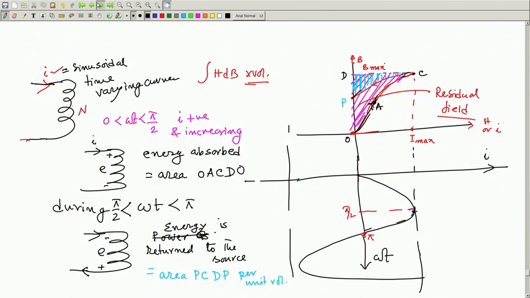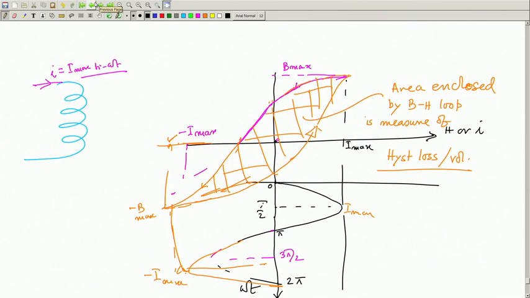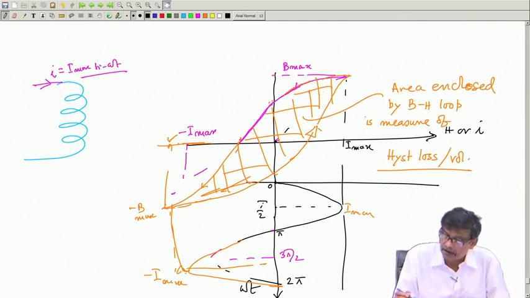Now, next thing I did is, suppose the current is alternating like this through the coil. I have not shown this part once again, because for the first time it will go like this, reaches I max, B max. Then when I decreases, the BH curve will be somewhat different, not the same curve through which it went up, it will follow this curve, current decreases, B decreases.